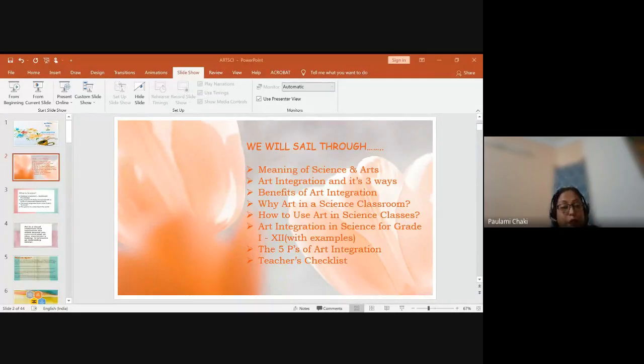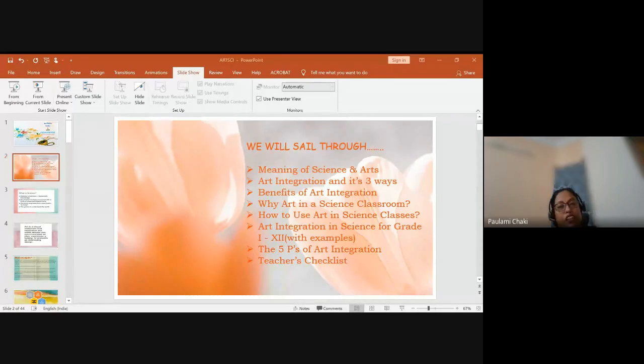Students become passionate while they are building their own creativity, and they become more confident. Not only do they become confident, they get inspired, and they inspire their fellow beings. And there are many different art integrated ways wherein the student also subtly develops problem solving abilities. So that is why we should include art in our science classroom.